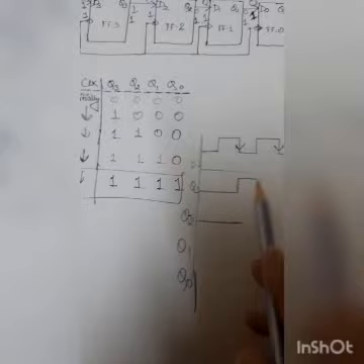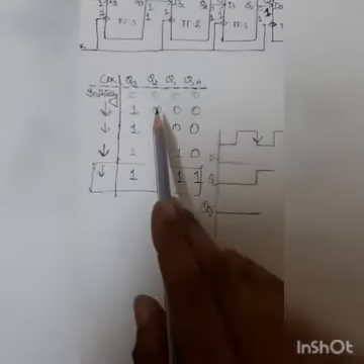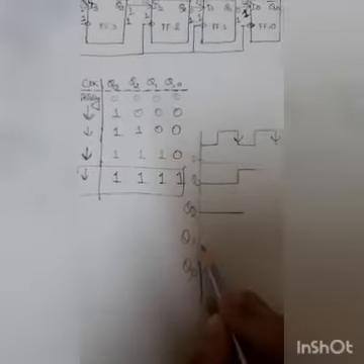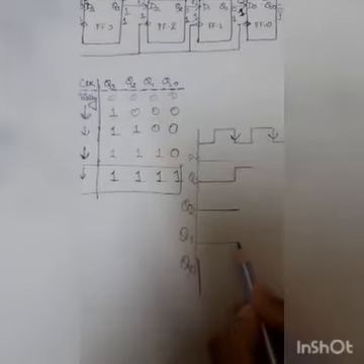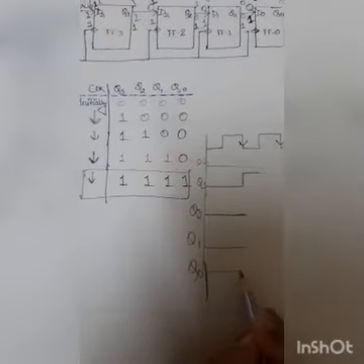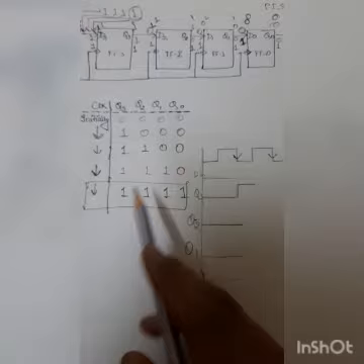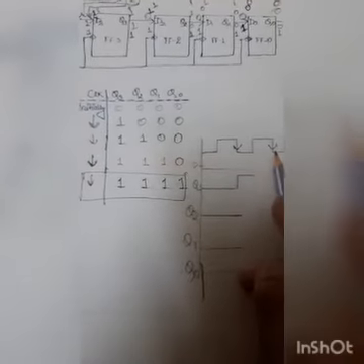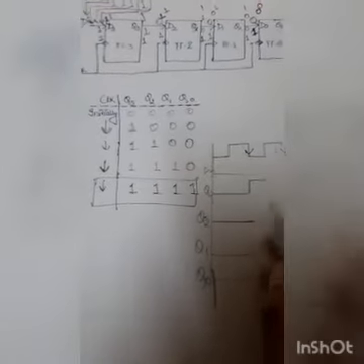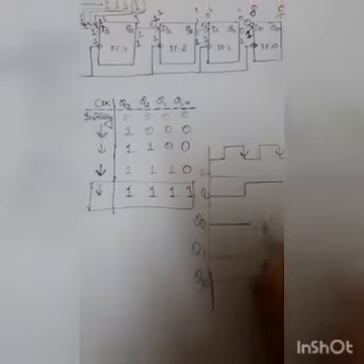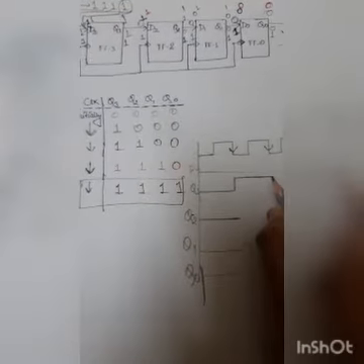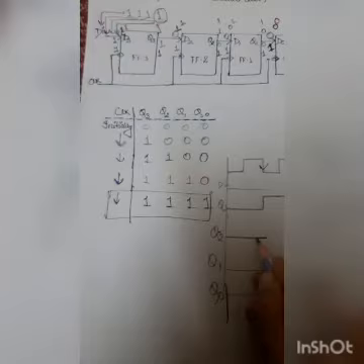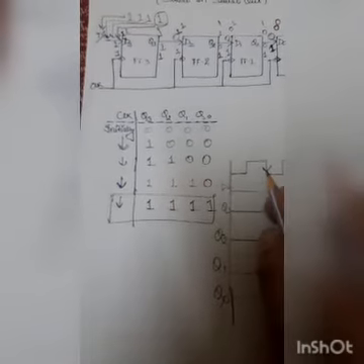And Q2 is 0 for the first clock pulse. Q1 is also 0. Then Q0 also 0. After that, for the next clock pulse, means the next triggering, Q3 is 1 again. Q2 also will be 1 for the next.